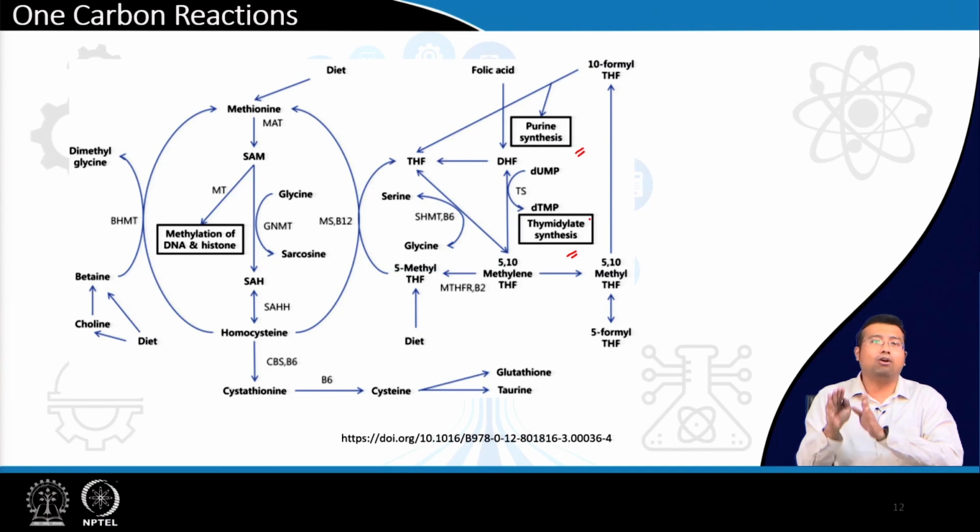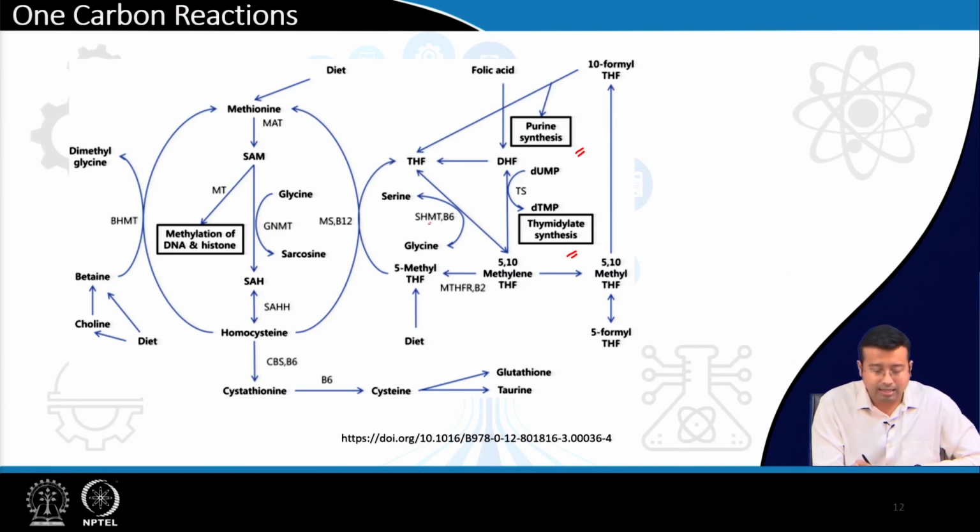We will be discussing all of them in nucleotide metabolism, but other than that, the rest you already know. By now you have seen that folic acid in the form of tetrahydrofolate, methyl tetrahydrofolate, methylene tetrahydrofolate are constantly exchanging one carbon from each other, and they have been acting as a cofactor in multiple important enzymes. In our case, we have seen in serine hydroxymethyl transferase, which converts glycine to serine, alright.